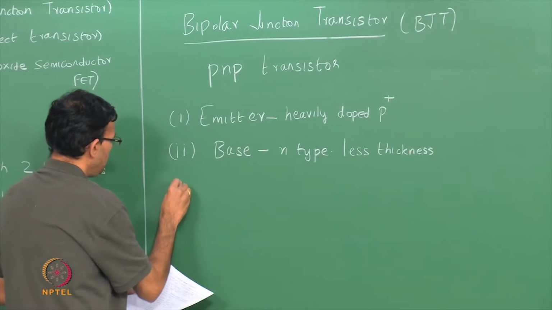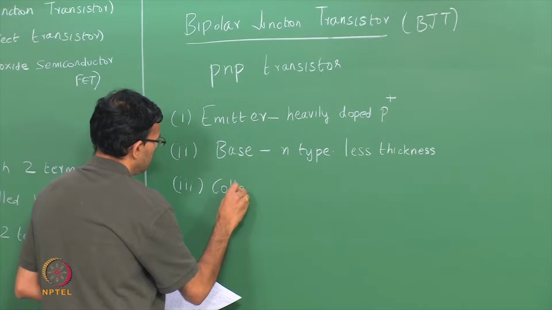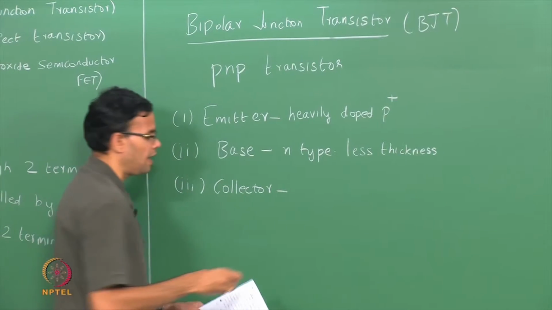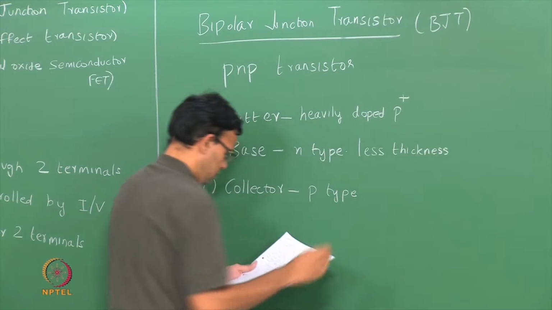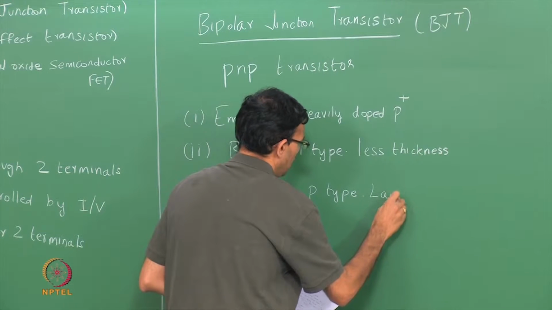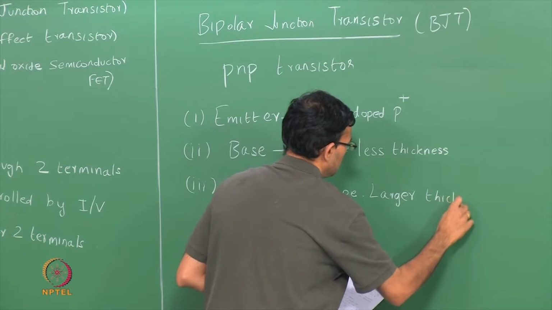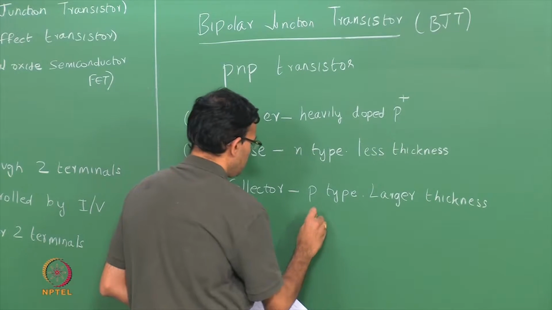And then finally, we have a collector. In this case, the collector is also p type, and it usually has a larger width or a larger thickness than the other 2 regions.